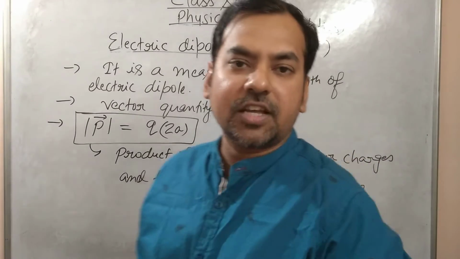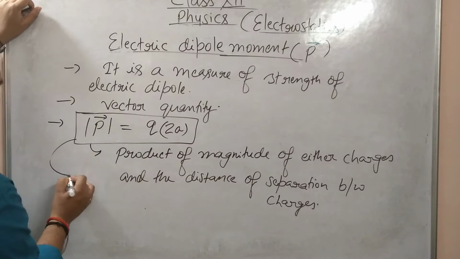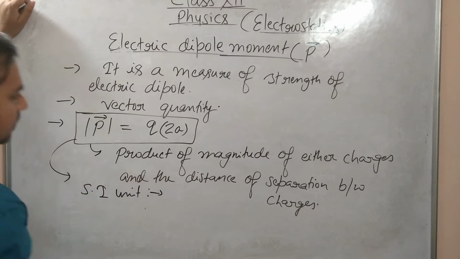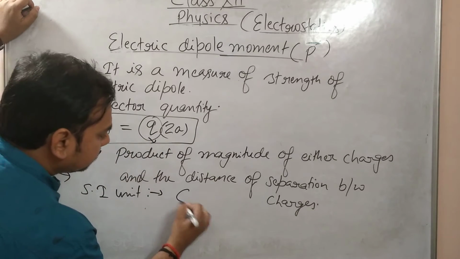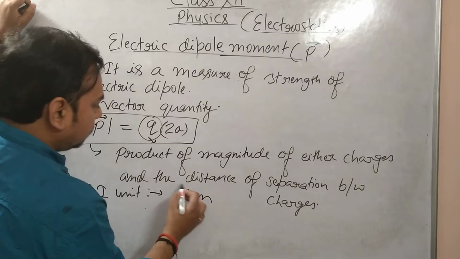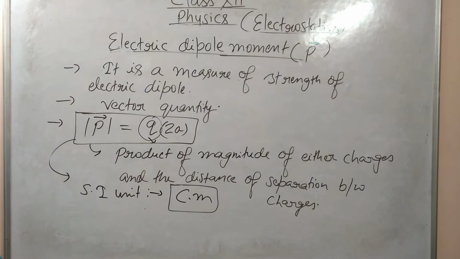What is its SI unit? The SI unit of charge is coulomb and the SI unit of distance is meter. So the SI unit of electric dipole moment is coulomb meter.